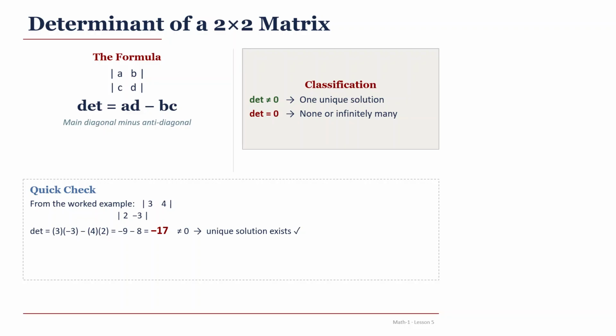Quick check. The matrix from our worked example has entries 3, 4, 2, -3. The determinant is 3 times -3 minus 4 times 2, which equals -9 minus 8, which equals -17. Non-zero, so a unique solution exists.